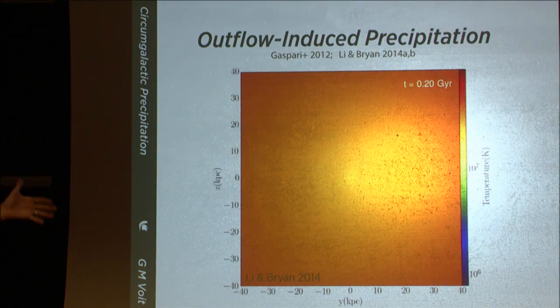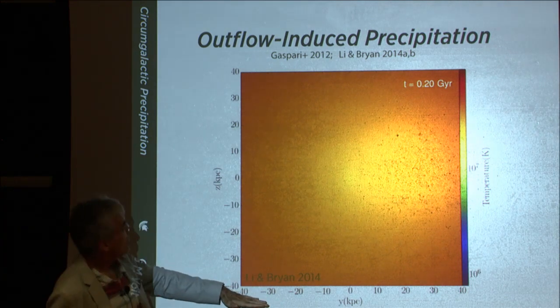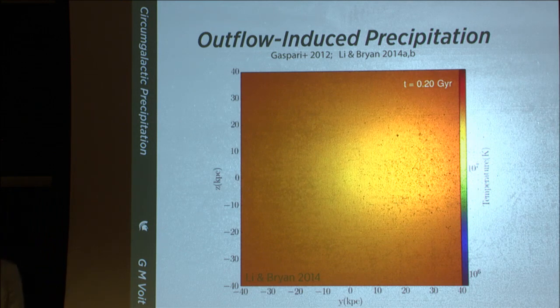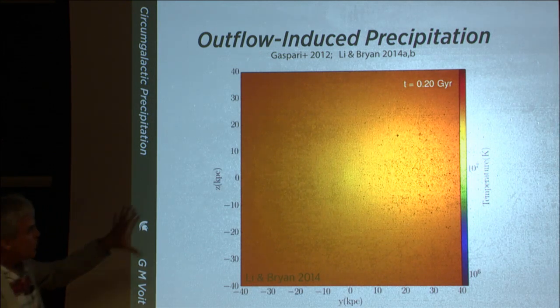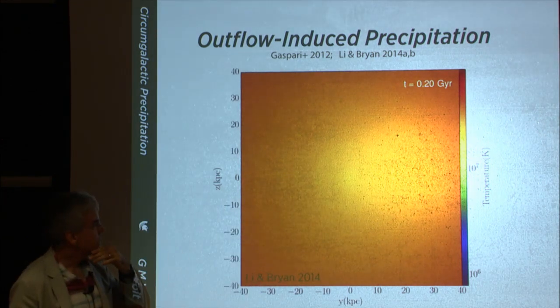Now here's an example. Here's a simulation where another concept comes in. This simulation happens to be by Lee and Bryan, but Massimo Gaspari has done other simulations like this, where you start with a homogeneous gas at a temperature of a few times 10 to the 7 kelvin, in a galaxy cluster type potential.